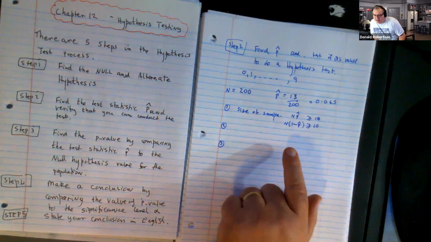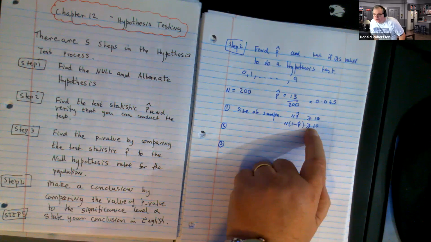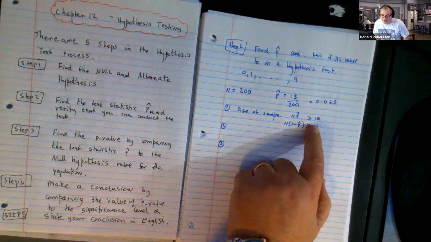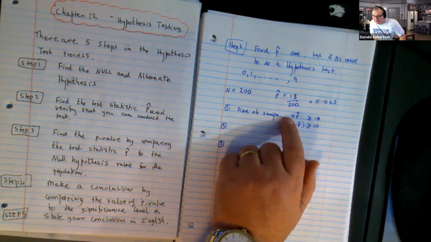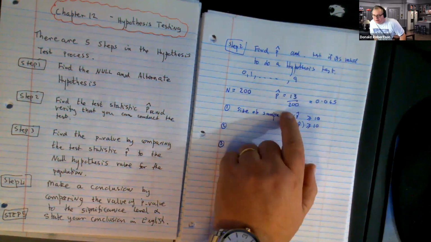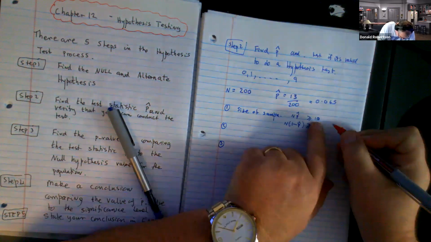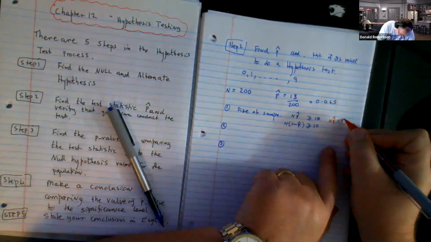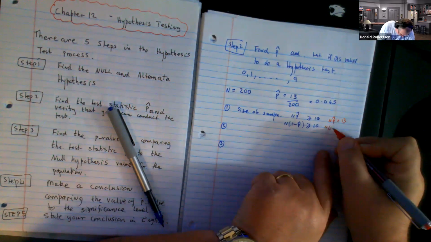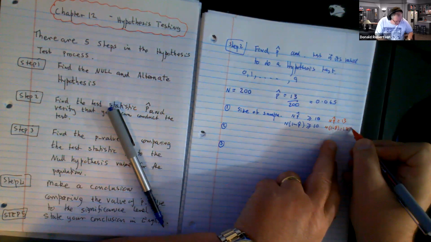Basically, at least 10 people have to say yes and at least 10 have to say no. Now, in my question here, if you did the calculations, can you trust me that np hat ends up being 13 and the other guy, I'll put it in red. So if you calculated np hat, 200 times this, you get 13. And if you did this one, you end up with 187.